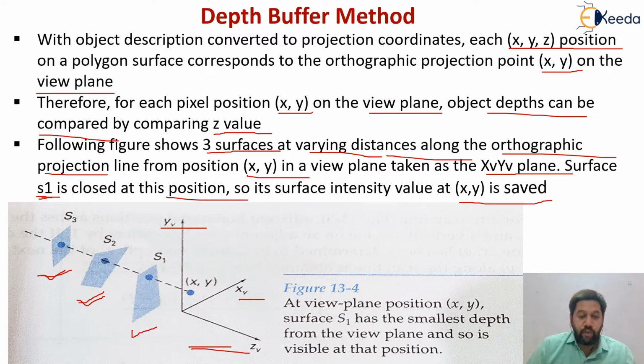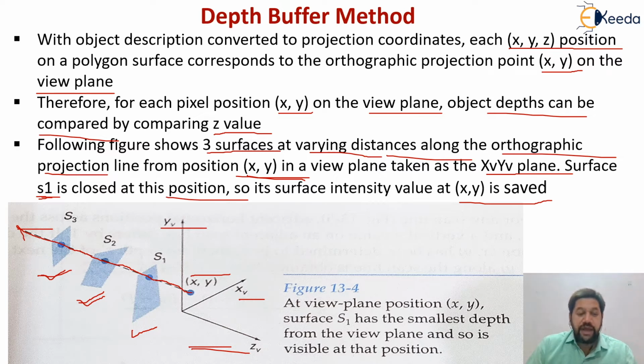This is the point I am considering as x comma y. So we have considered the orthographic projection line from the position x comma y. From this x comma y I am looking at all three objects, and for all these objects I consider the z value.